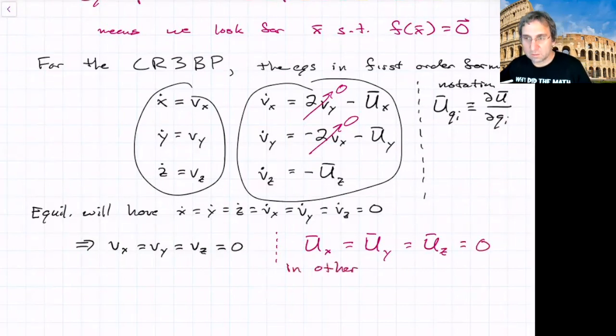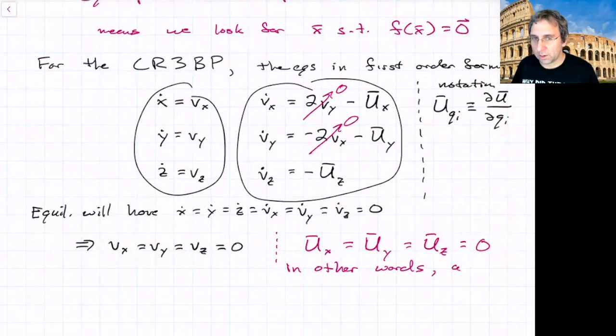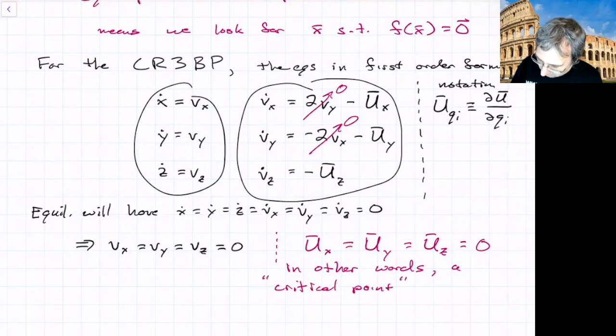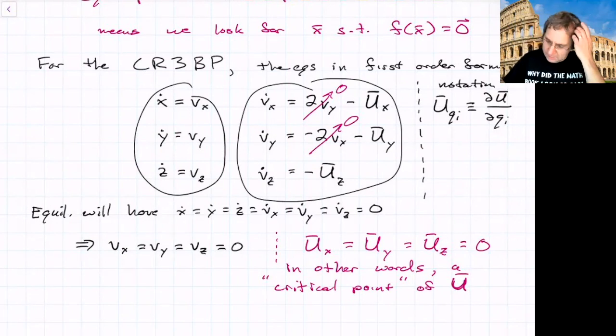If you have a scalar function and the partial derivative is 0 in all directions, we would say that's a critical point of that function. So we're looking for critical points of the effective potential energy. Now, there are no critical points when z is away from 0.